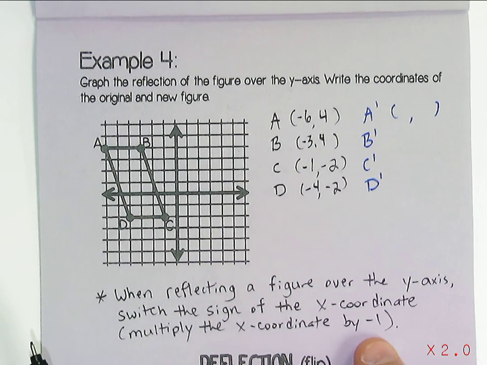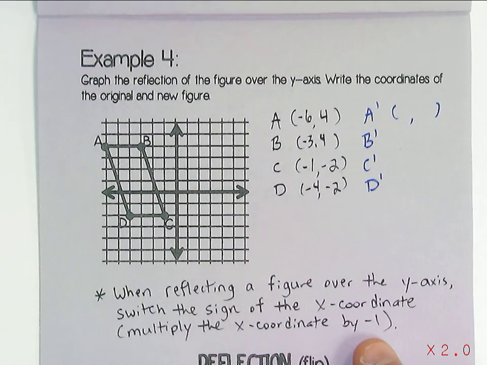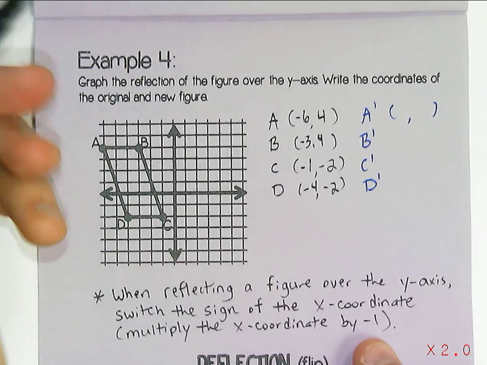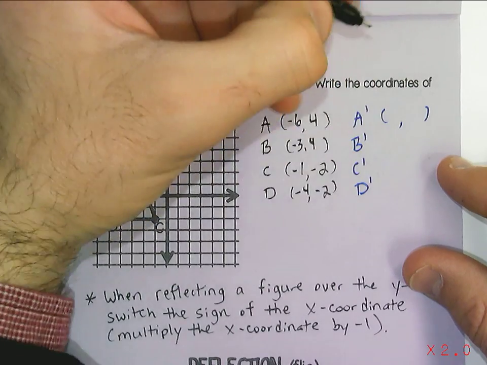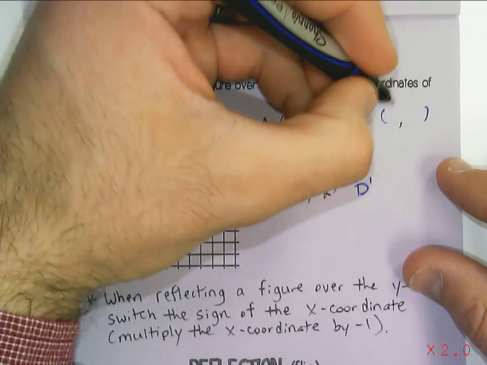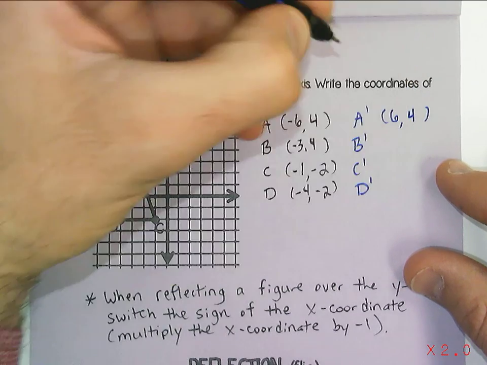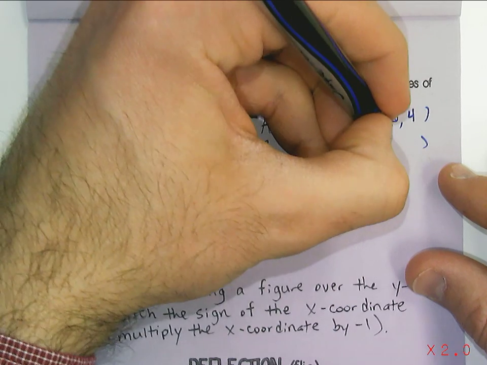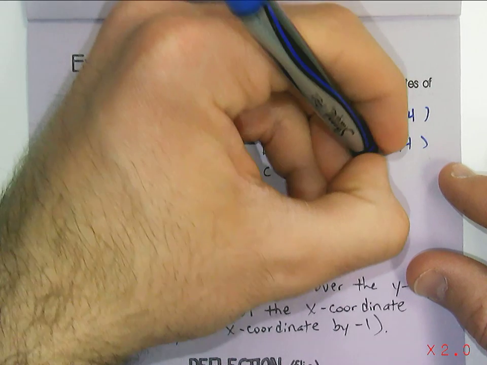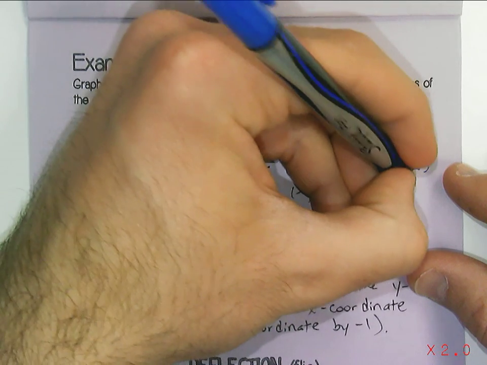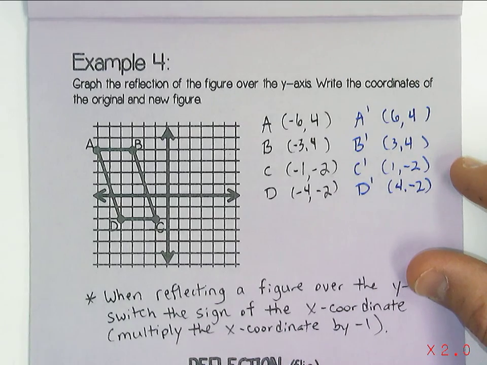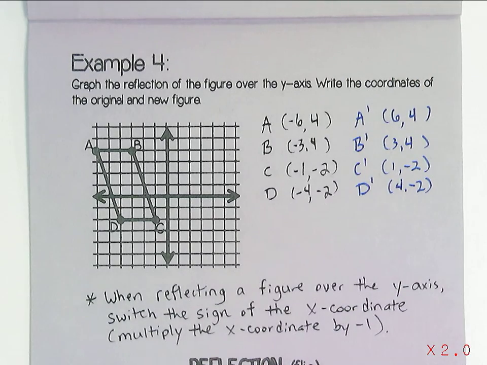So it's a little bit different than flipping over the x because there we were switching the sign of the y, but when we're flipping over the y, we're switching the sign on the x. So all your y coordinates stay the same, your x's just change. So we'd have 6, 4. We would have 3, 4. We'd have 1, negative 2. And we'd have 4, negative 2. Pretty straightforward there.